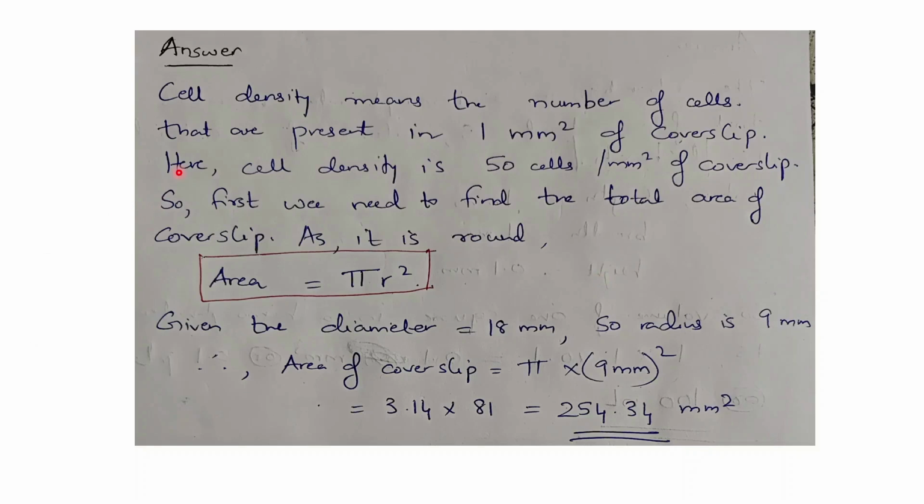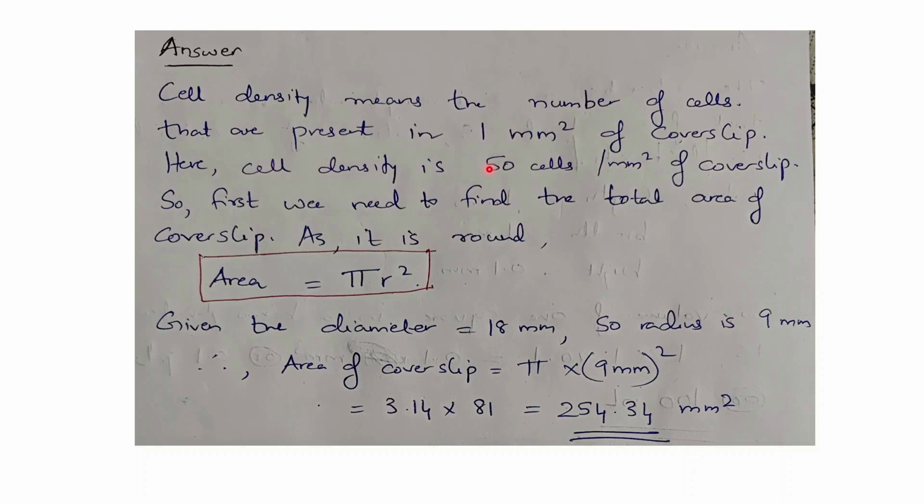So you can base it on the cell density. If you are taking 1 millimeter square of a particular area, this is the area of the cover slip that they are providing. A small 1 millimeter square is a really small area of that cover slip. In that area, how many cells would be present? The number of cells present in that 1 millimeter square of the cover slip.